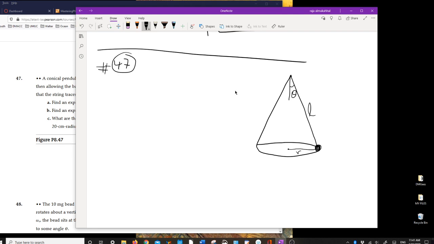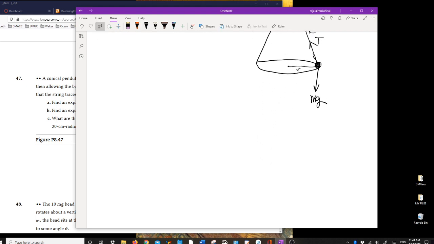So what are the forces here? Well, we get the tension, which is along the string. Here it is, T, and then you have the weight. I'm trying to make it vertical as much as I can, like that. Okay. So let me draw it again here.